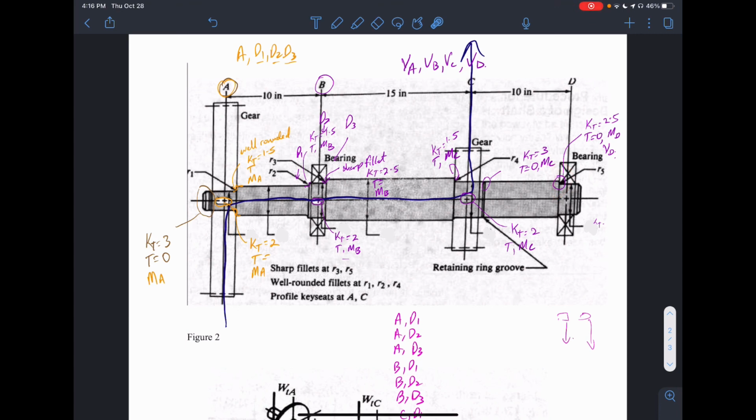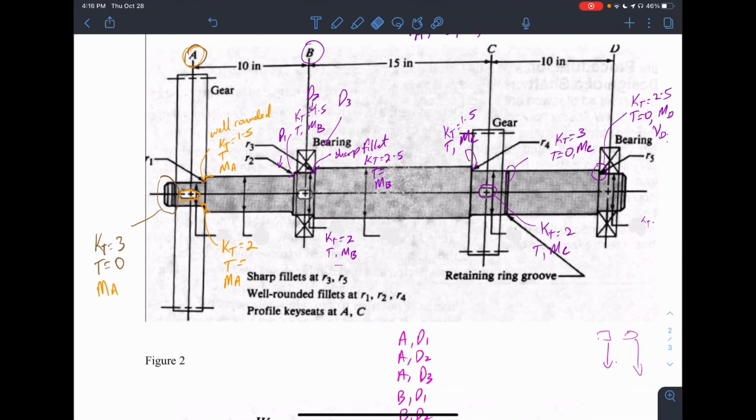Also, at point B, you could see that in the actual diagram from the textbook that I got the question from, they have a cutout here as if there's a key. So there is no key. So there's no KT value or anything like that here.